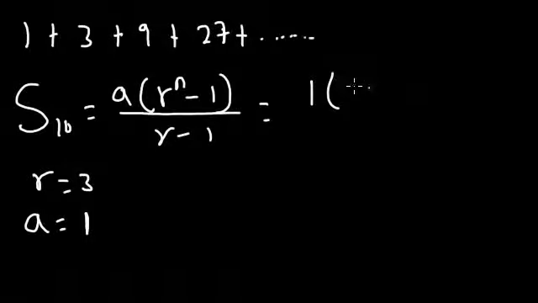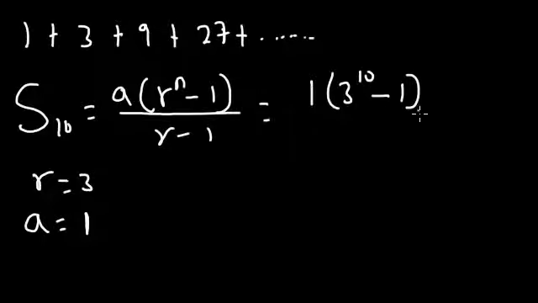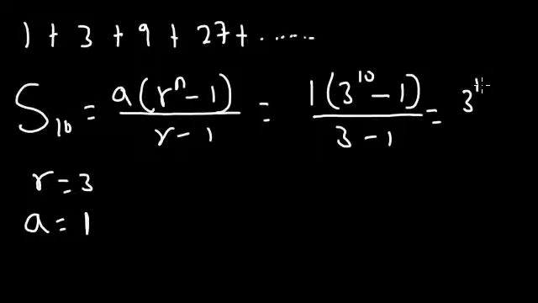So a is 1 multiplied by 3 to the power of 10 minus 1, all divided by 3 minus 1. Now when this one multiplies, it is gone, so we are just left with 3 to the power of n minus 1, all divided by 3 minus 1, which is 2.